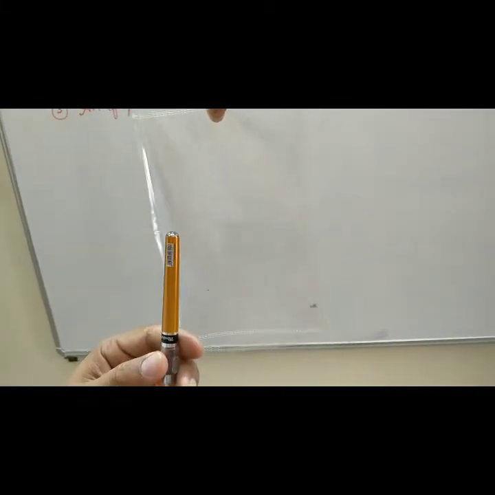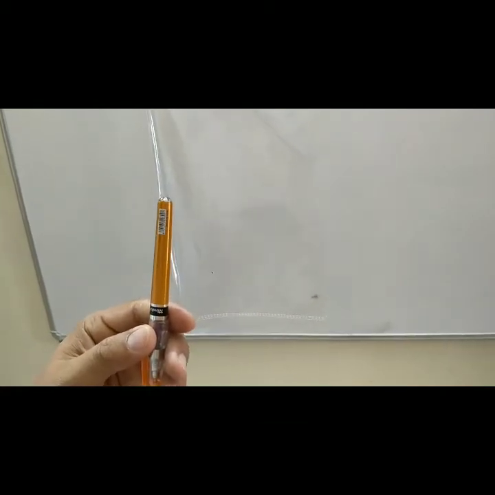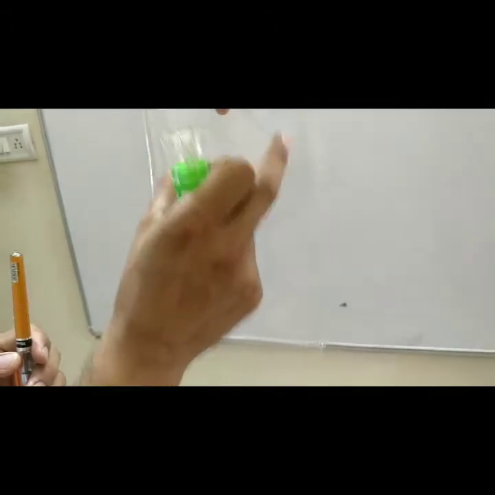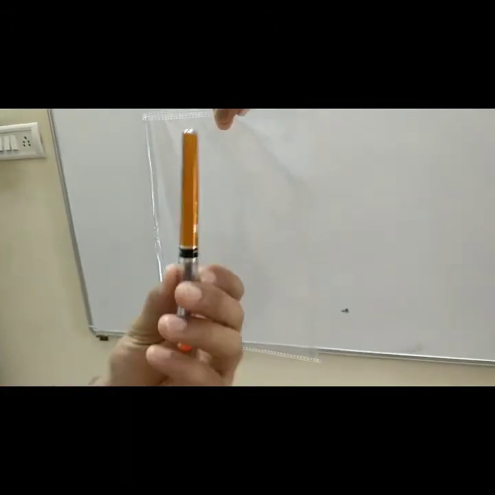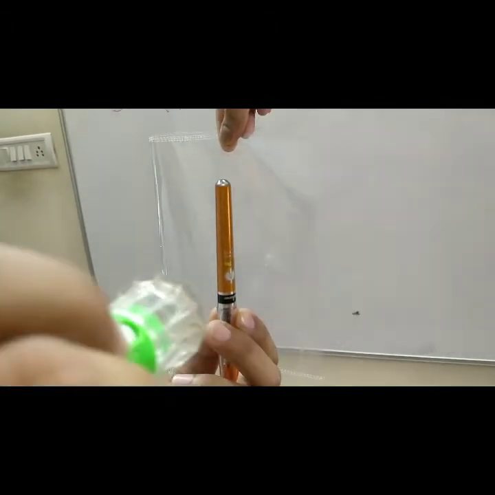Now we will discuss another condition required for the formation of shadow, and that is the opaque screen. This is the screen, this is the pen, this one is the battery.